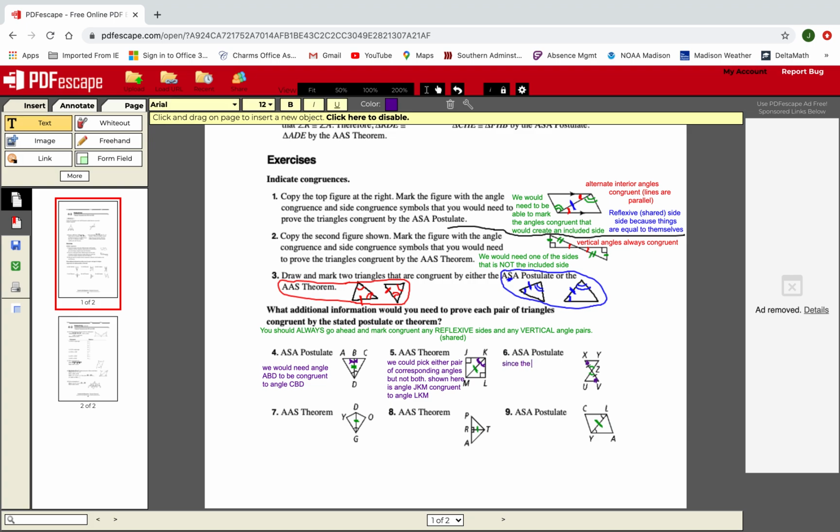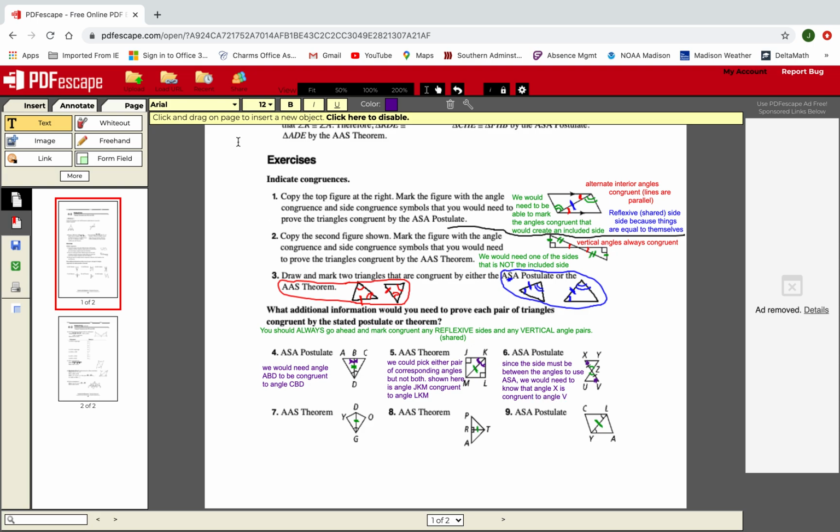Since the side must be between the angles to use ASA, we would need to know that angle X is congruent to angle V.